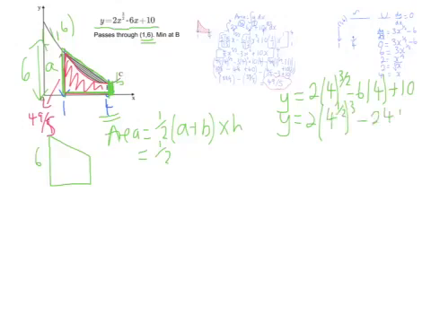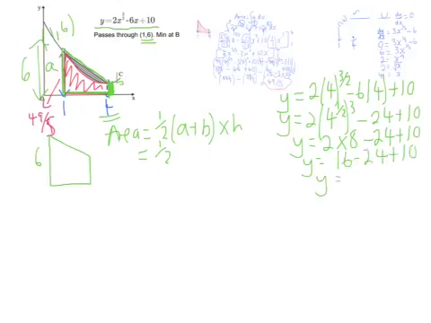So y equals 2 lots of 4 to the half cubed, minus 24, plus 10. 4 to the half is 2, 2 cubed is 8, so 2 lots of 8 minus 24 plus 10. So y equals 16 minus 24, which is minus 8, plus 10, which is 2. So I reckon that little height there is 2.